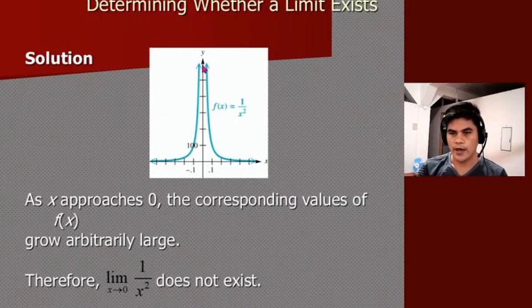The y-axis here is the asymptote of the graph. The graph will not touch the y-axis, but will continue as x gets closer to 0. Therefore, the limit of 1 over x squared as x approaches 0 does not exist.